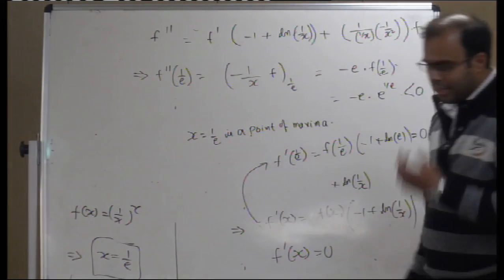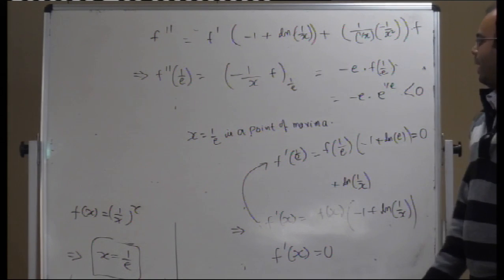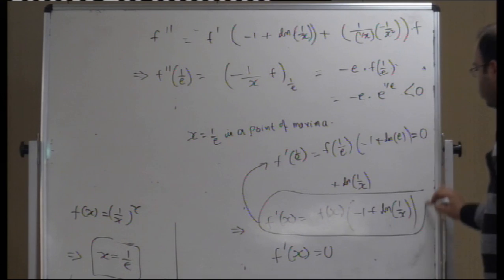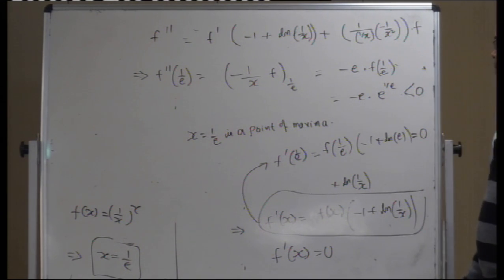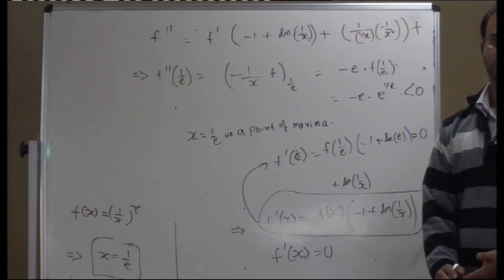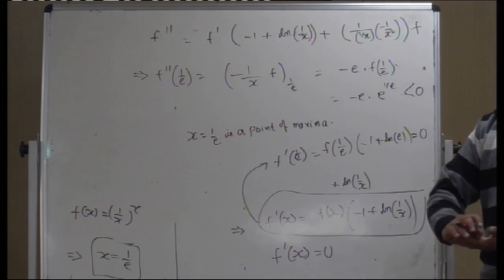As I was saying, this could also have been done by the single derivative method. In case of single derivative, you had to put a value on either side of 1 by e and check its nature, negative or positive. That will give you the slope value.